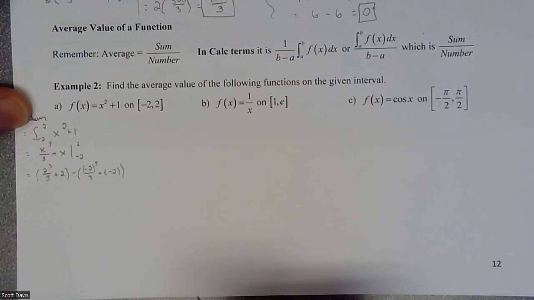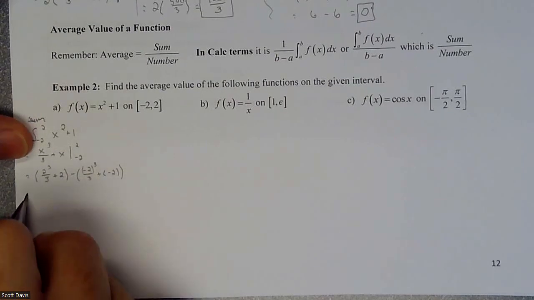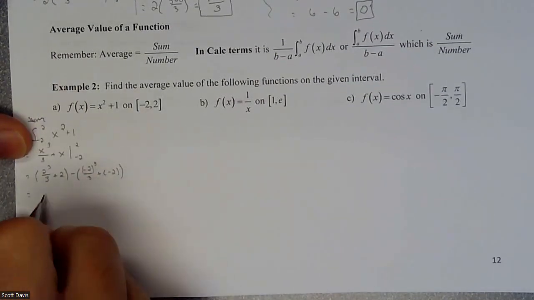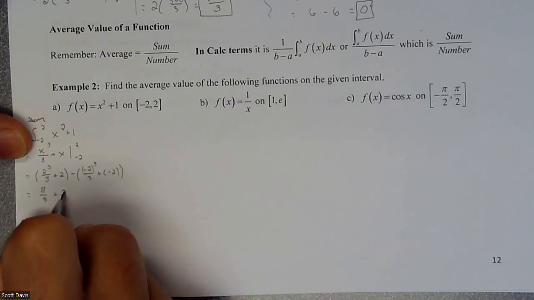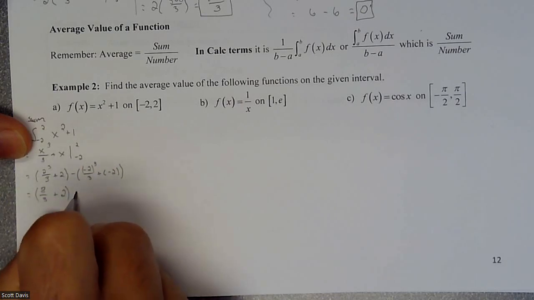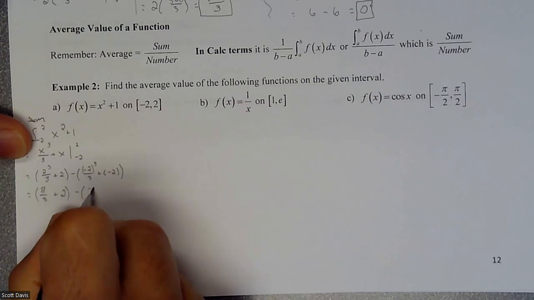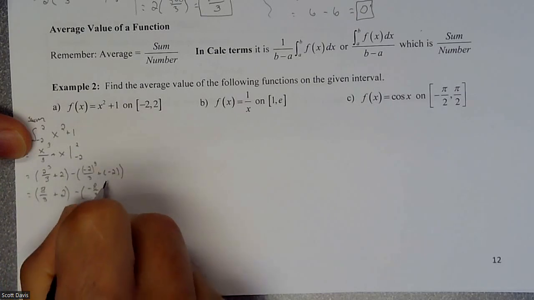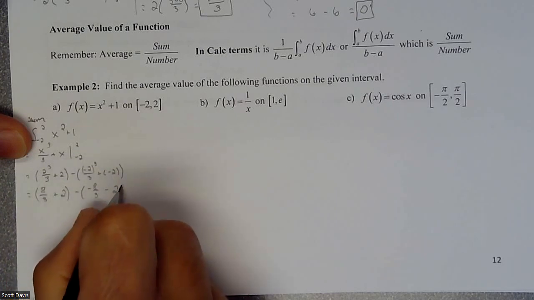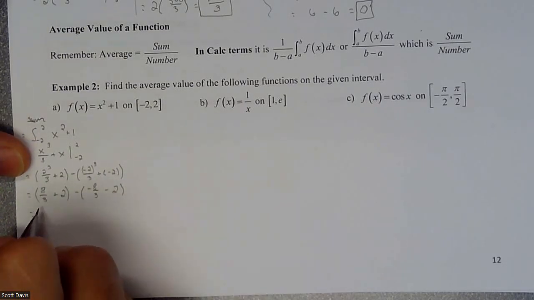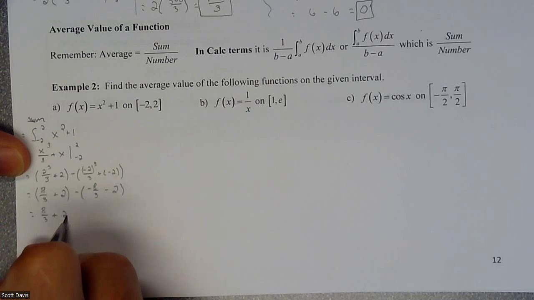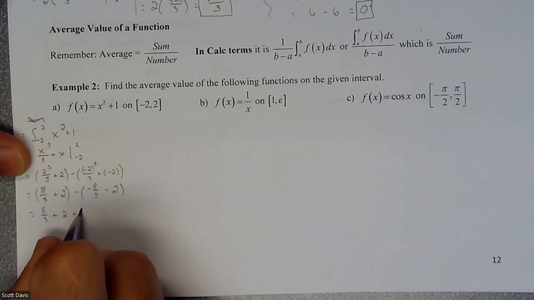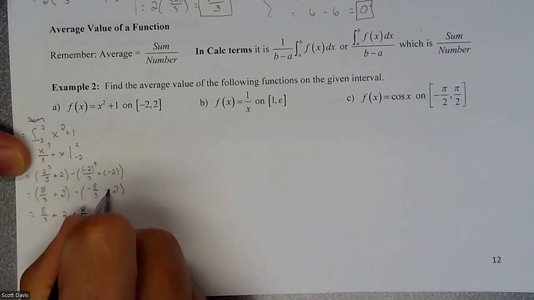All right, so those are my areas. Let's see what I get out of this. I'm getting 8/3 plus 2, and then minus (-8/3 minus 2). So we're looking at 8/3 plus 2 plus 8/3 plus 2.